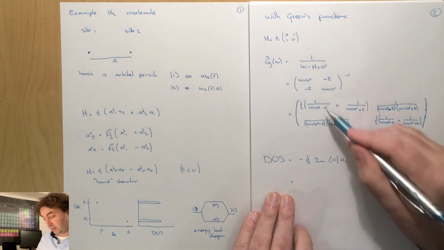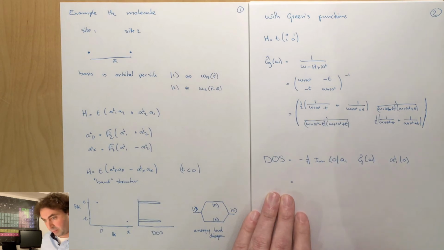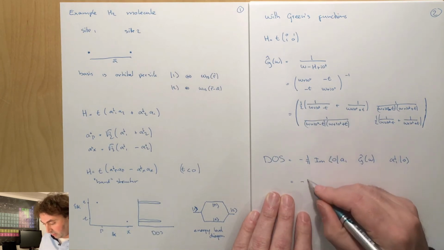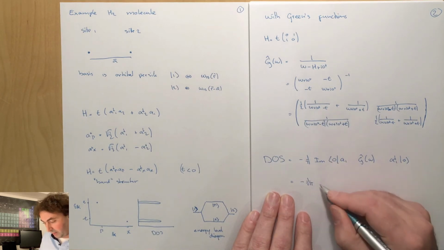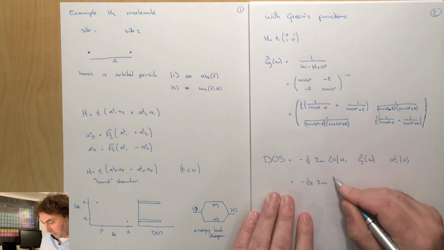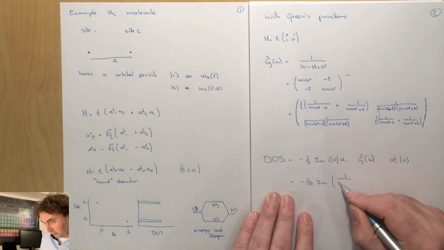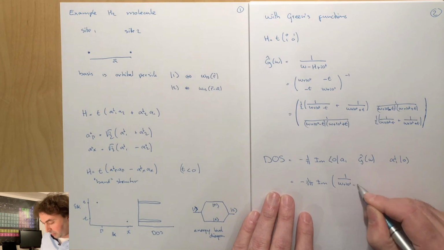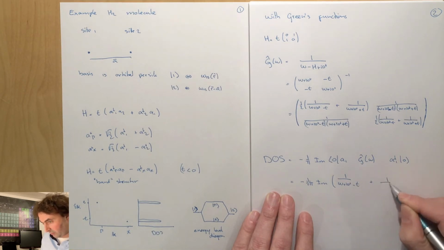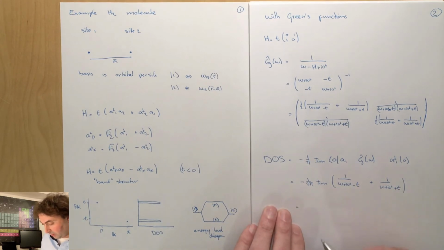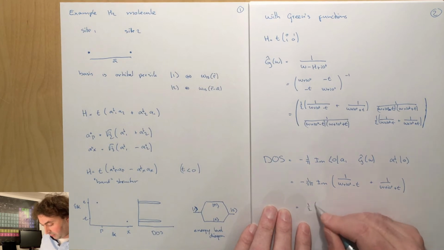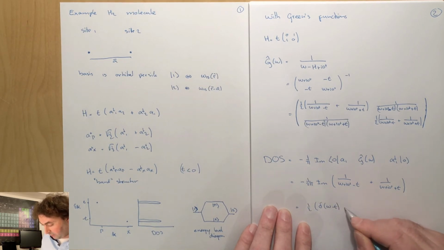So that is just the top left element: minus 1 over 2 pi, the imaginary part, of 1 over omega plus i0 minus t plus 1 over omega plus i0 plus t, which is 1/2 delta(omega minus t) plus delta(omega plus t).